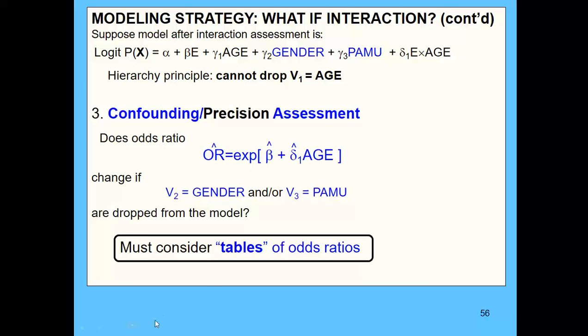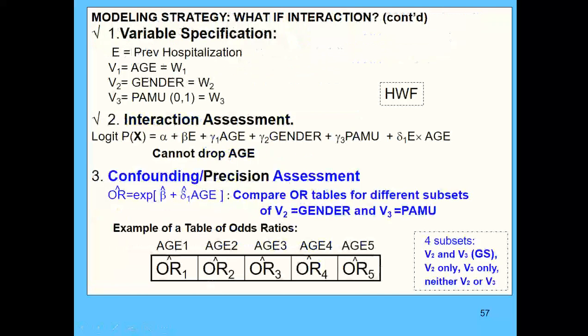Well, the answer is I must consider tables of odds ratios. What do I mean by that? Look at the bottom of the slide, next slide. What did I do here? There's the formula, and now I've written several odds ratios, OR1, OR2, OR3, OR4, and OR5.